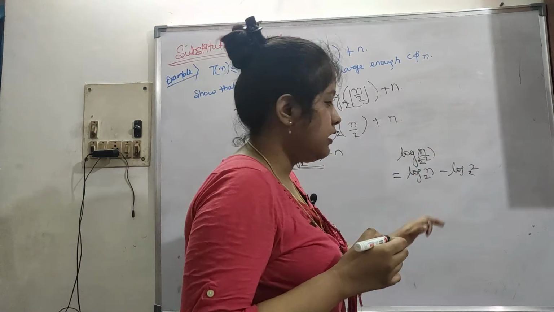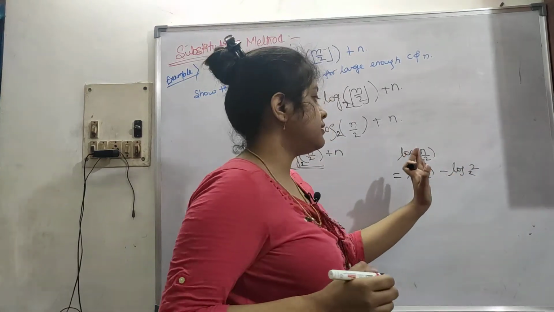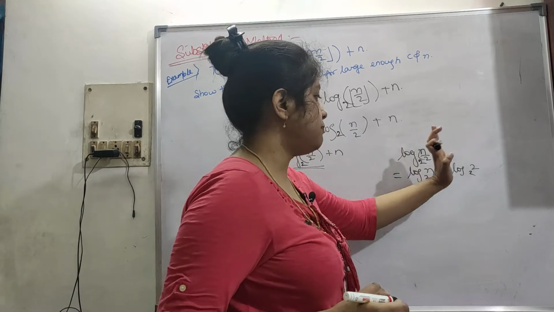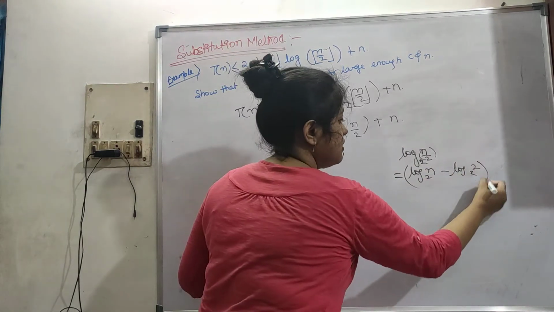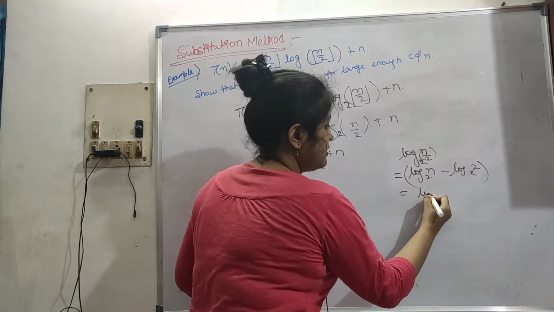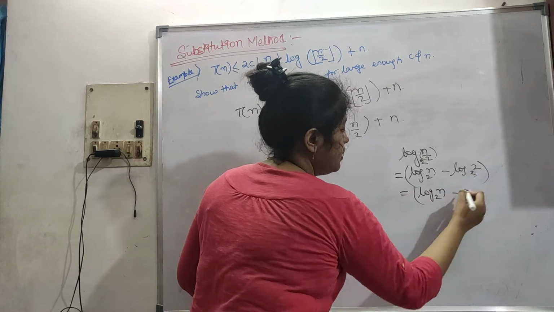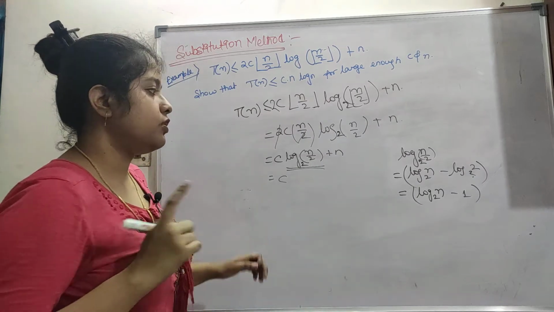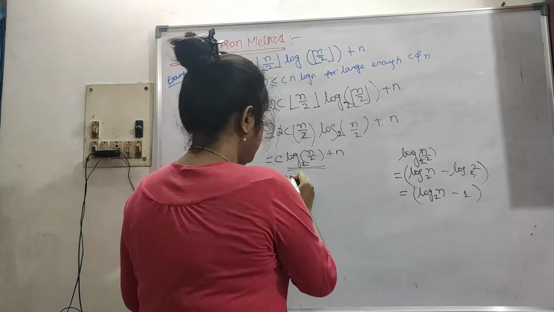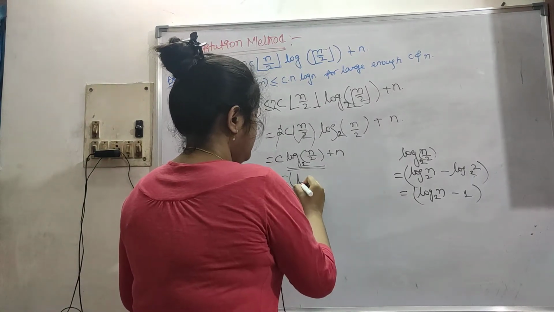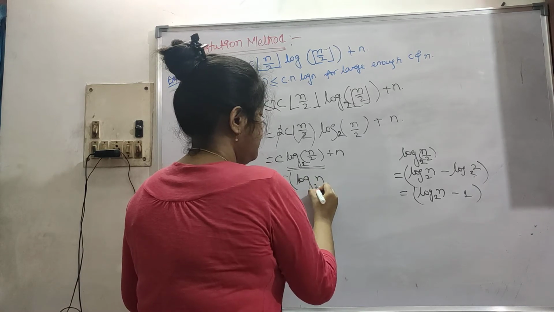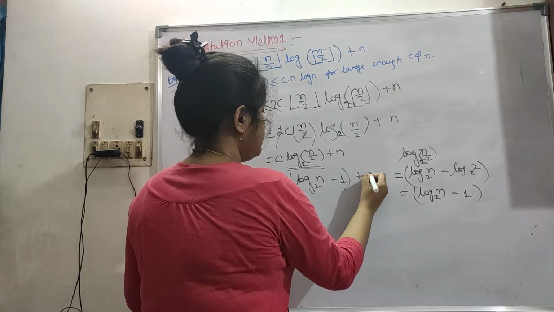When division is there, it can be written as minus, and in the same way if it is multiplication, it is plus. So now it is coming as log n base 2 minus 1, because log 2 base 2 is 1.